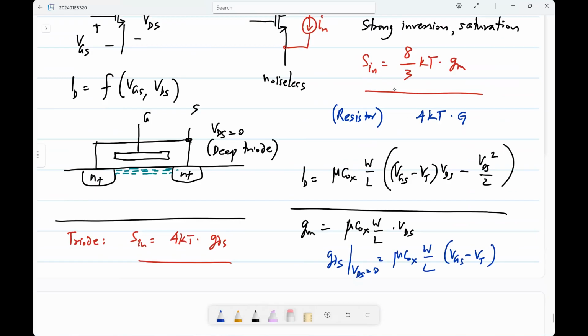I mean, capacitance is right, but have you seen the expression for capacitances of a MOS transistor? CGS is 2/3 WL Cox. So it's the same 2/3 that comes in. Why is that 2/3 actually?